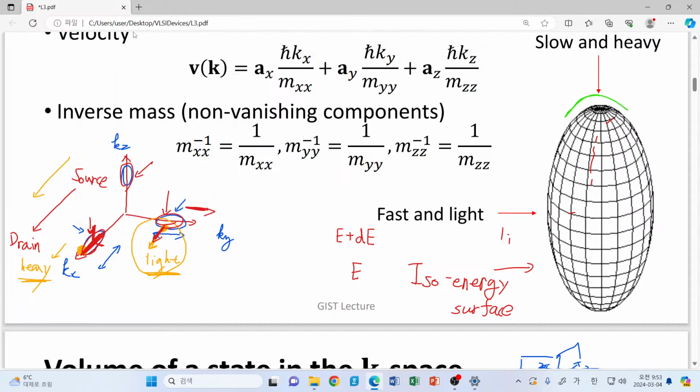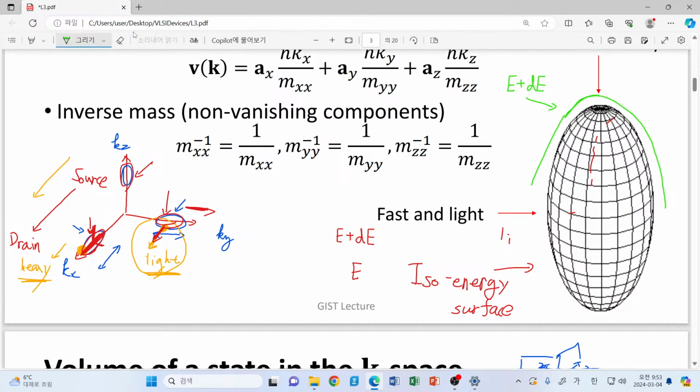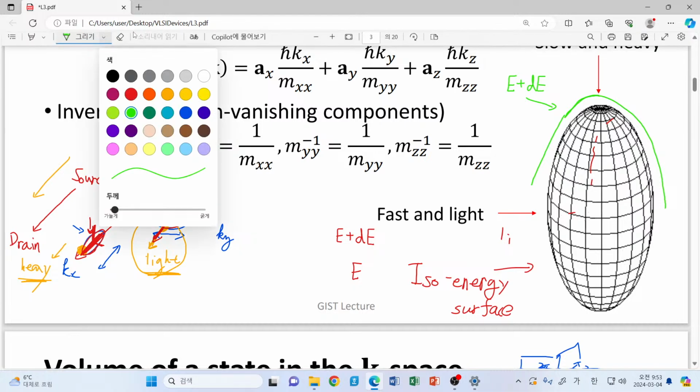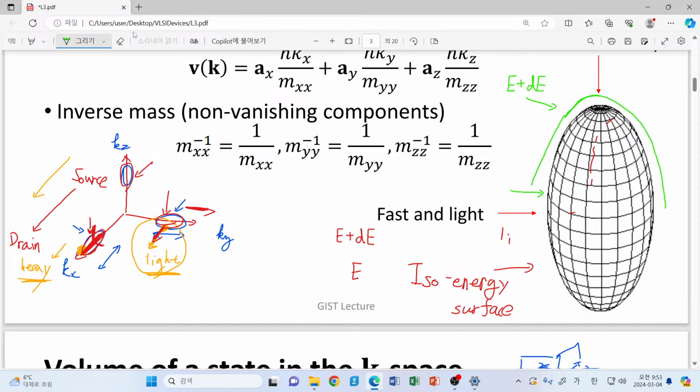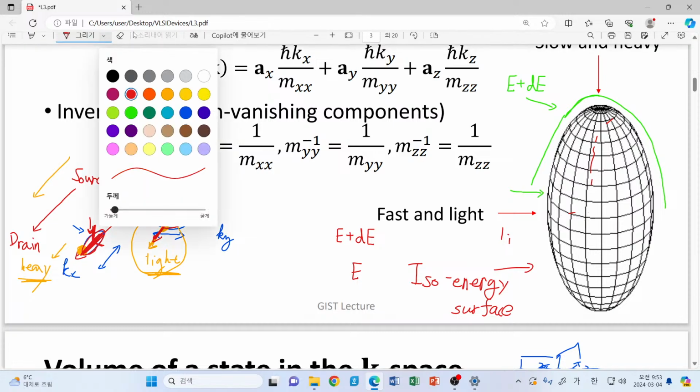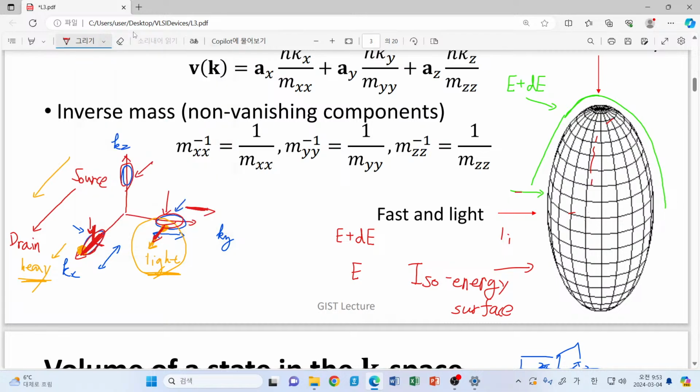However, it is just covering this original ellipsoid. This ellipsoid is corresponding to an iso energy surface of E plus dE, and the original one, my red colored one, is corresponding to energy level E.